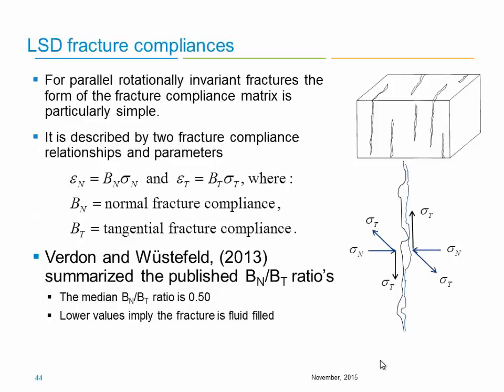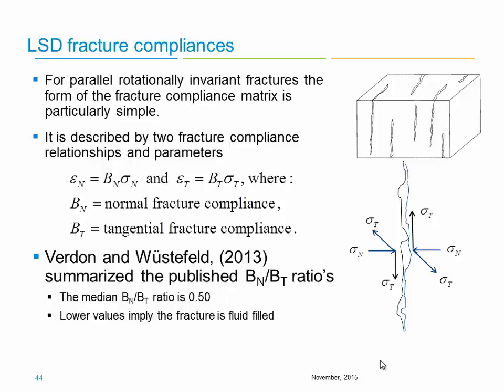And we use a couple of Hooke's law-like relationships to describe the fracture parameters. One is if we apply a normal stress across the fracture, there's going to be a little bit of displacement. And the relationship linking the displacement discontinuity to the normal stress, the proportionality constant, is the normal fracture compliance.